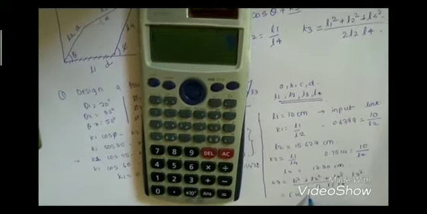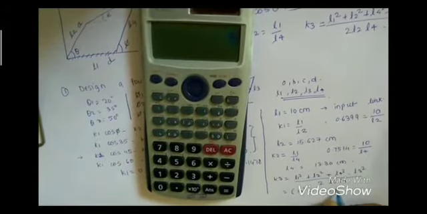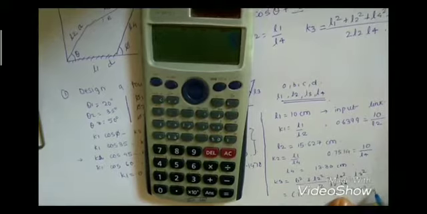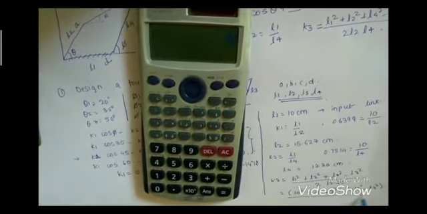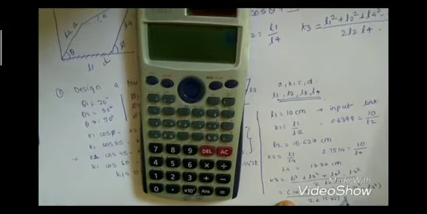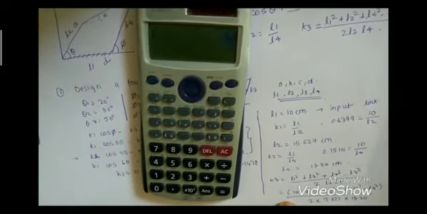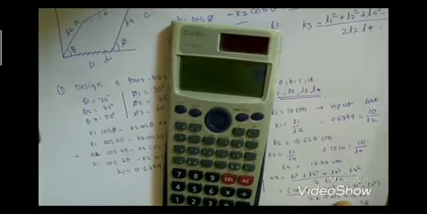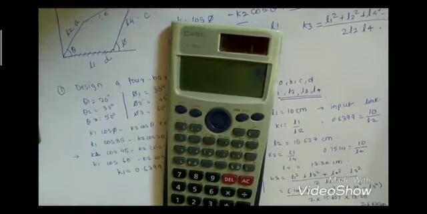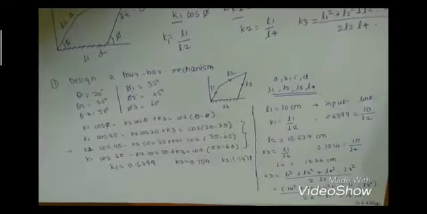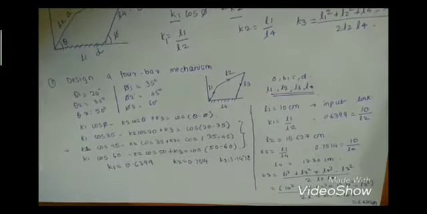Substituting all the values, plus 15.62 square plus 13.30 square minus L3 square upon 2 into 15.627 into 13.30, which will come approximately to 6.625 centimeter. Now this was everything about Freudenstein's equation and how to solve and find the length of the link.